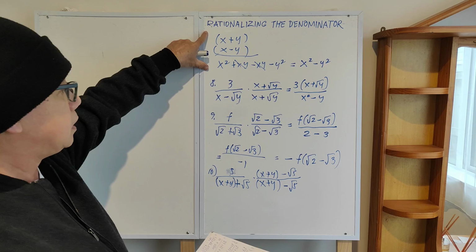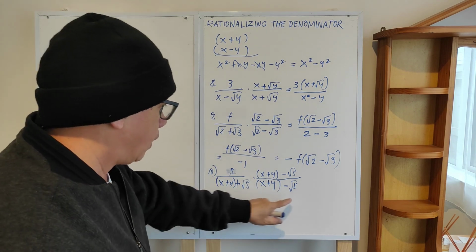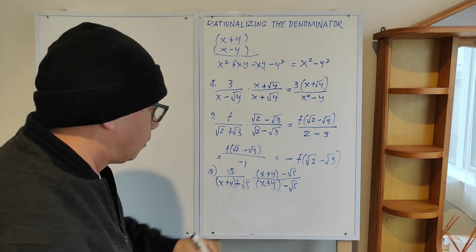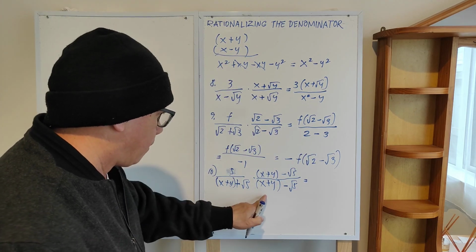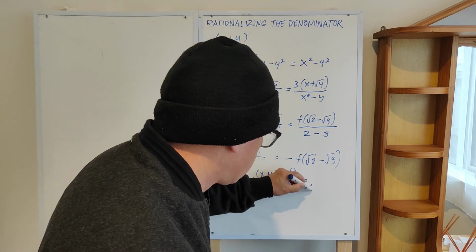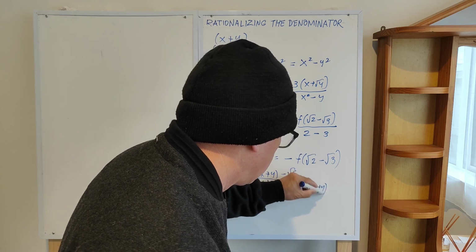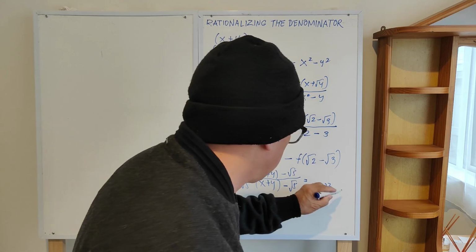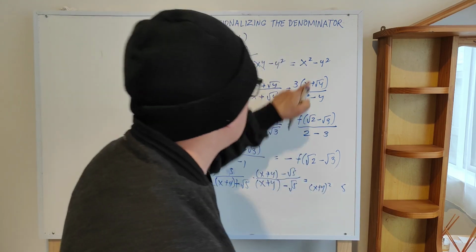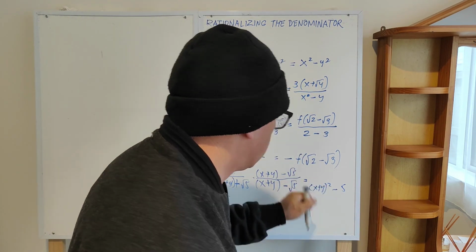So copying this procedure, what we will have here is x plus y squared, and then square root of 5 times square root of 5 is square root of 25 or 5, and the sign is negative.